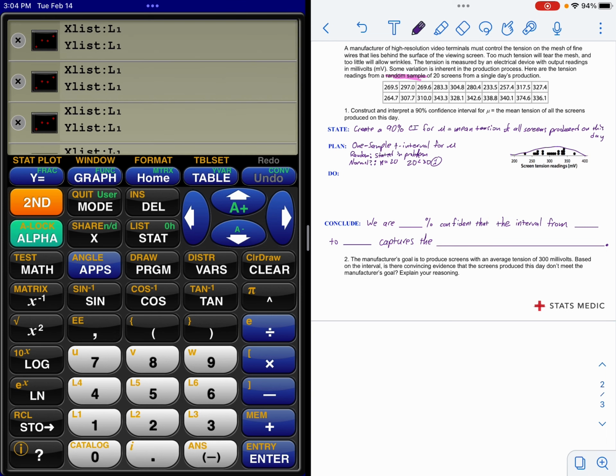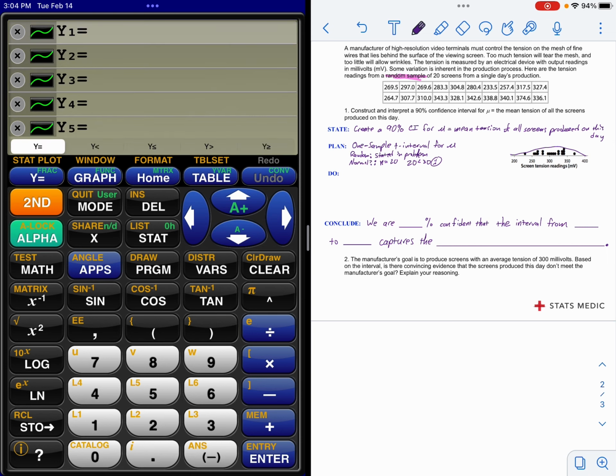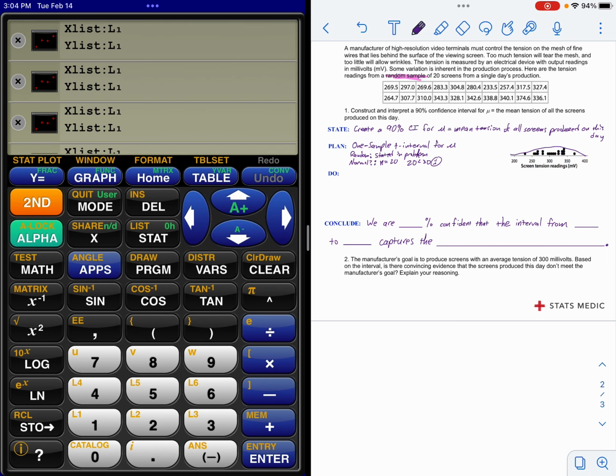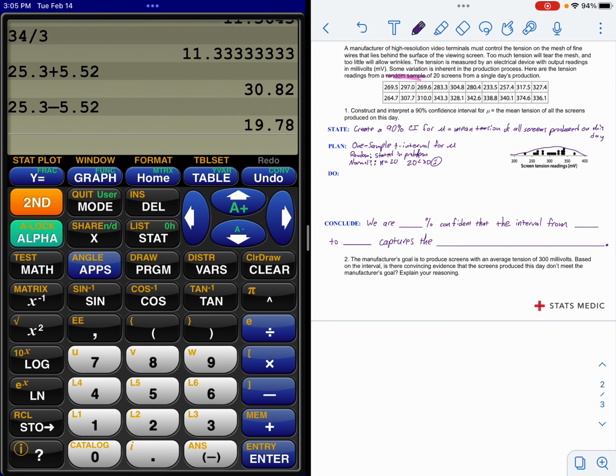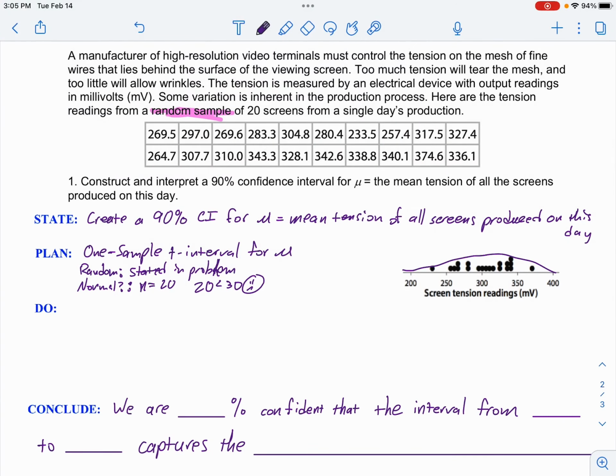I know my menu looks different than yours, but on the stat plot menu, you can turn on a plot and change it to be a line graph, a histogram, a box plot, whatever you need. So you may need to take time to do that when n is less than 30.